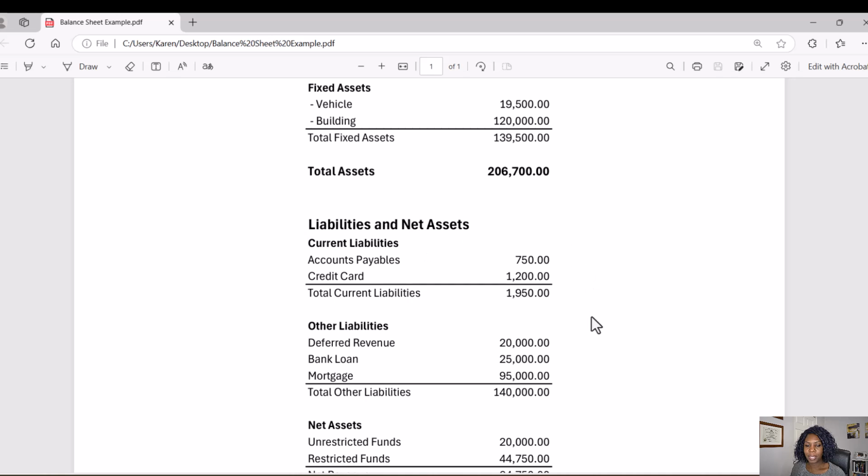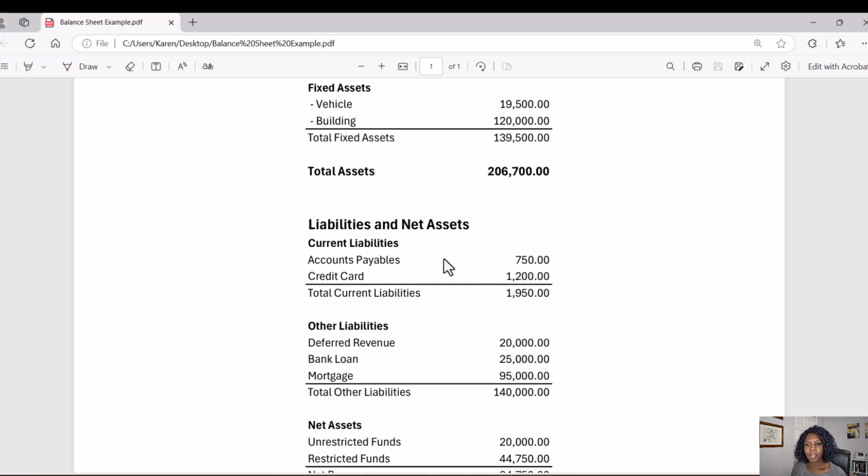So your liabilities are essentially any obligations that you have. So your current liabilities typically have an obligation that is less than a year, and your other liabilities typically have an obligation that's greater than a year. That's a good rule of thumb that you can use.